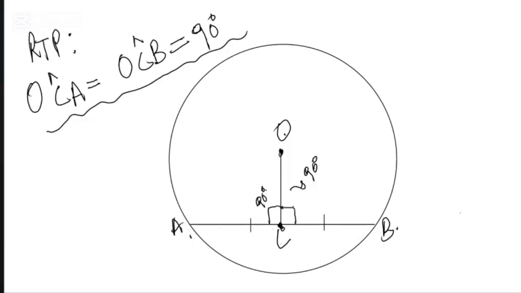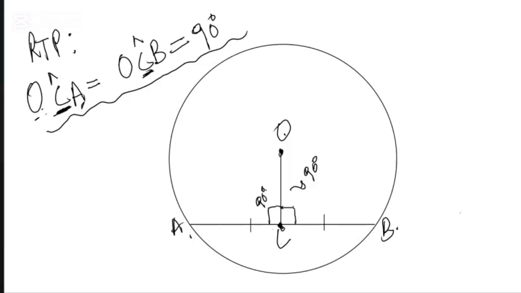So this angle OCA basically means that we are looking at an angle at C that is subtended, or enclosed, by OA. We will learn that a lot when we speak about subtending angles. I'll try to simplify it for you. And this is the angle at C that is subtended.